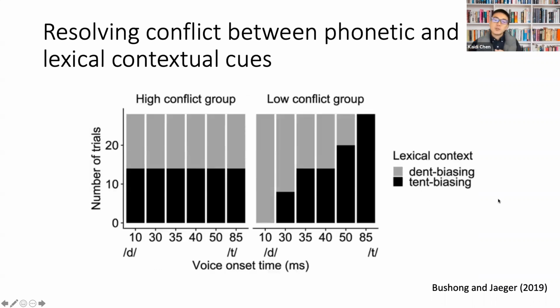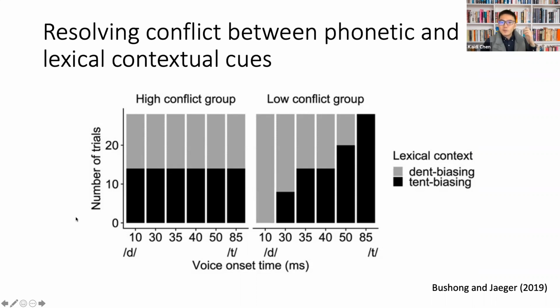The critical manipulation is the degree to which phonetic and semantic cues conflicted. So in the high conflict group, as you can see on the left, each VOT step appeared the same number of times in each lexically biased context.